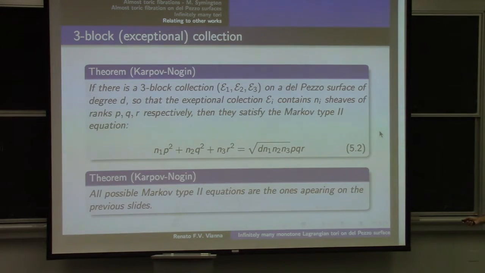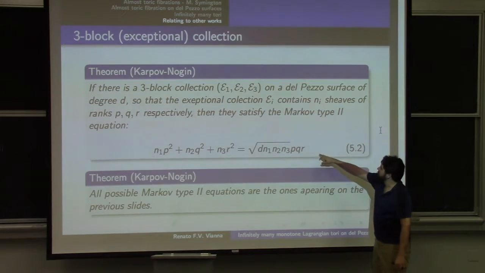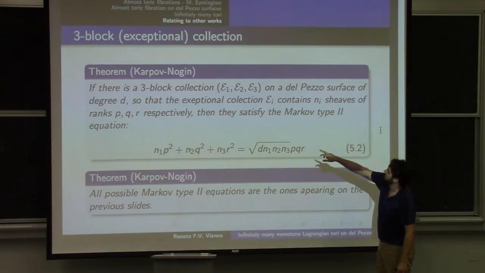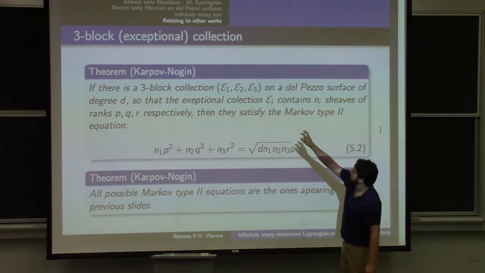Let me finish with this theorem that I mentioned by Karpov-Nogin. They describe all of these so-called three-block collections of exceptional collections of sheaves, and they prove that if I'm inside a block, the ranks of the sheaves are constant.